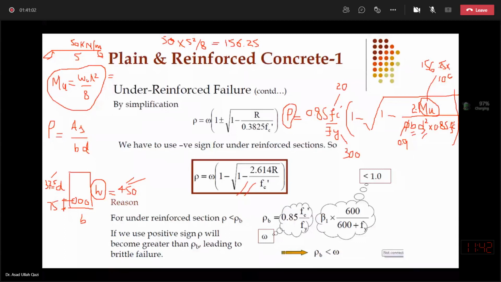B, in our recent problem what we have solved, we selected B 300. Normally this B will be controlled by the support dimension, what is the column size, and that normally will govern. Moreover, the available formwork plate sizes.